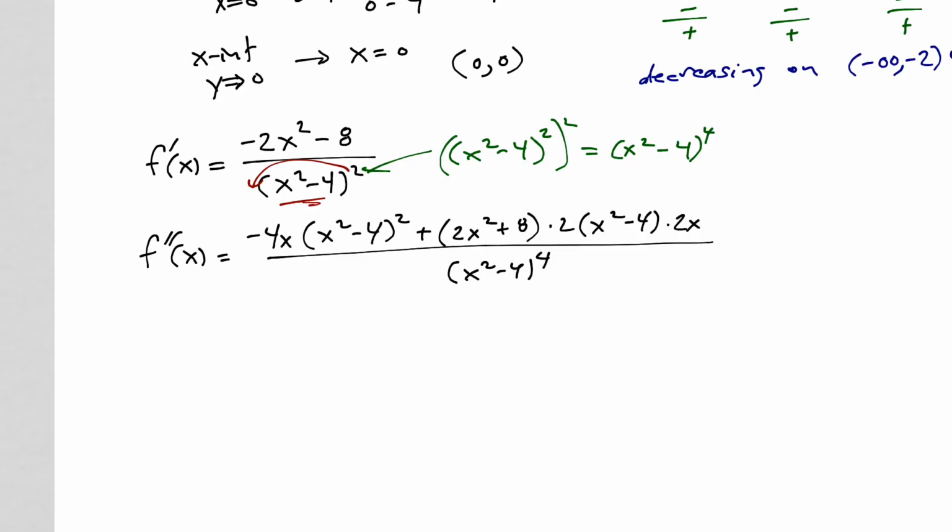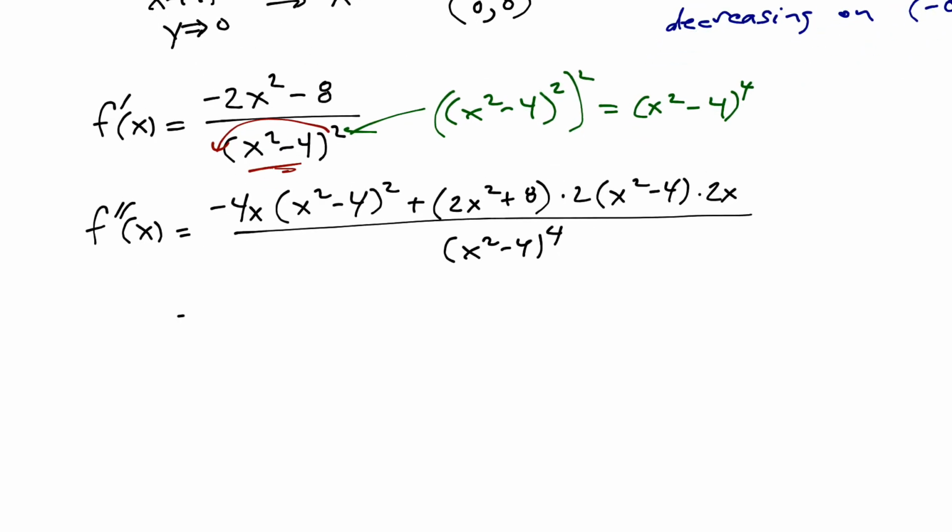So let's try to simplify this a little bit before we analyze the result. Notice that there is a factor of x squared minus 4 on both sides of this big plus sign.